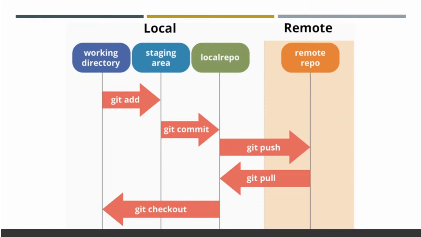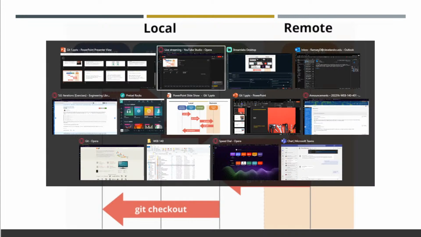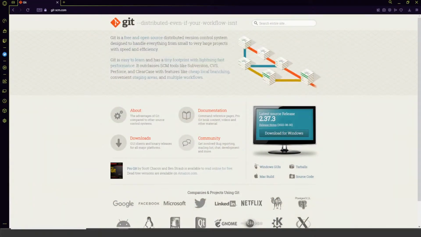So I think the best thing for us to do is just to take some time and work through some of this. So what I'm going to do is just do the entire process of getting and installing Git. Here's our website to get Git, git-scm.com.